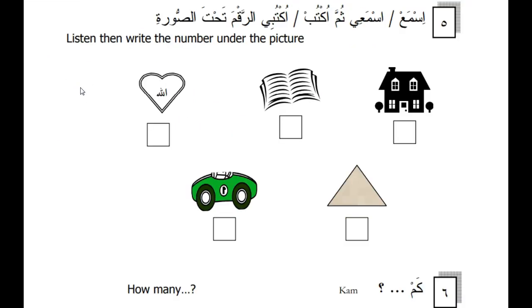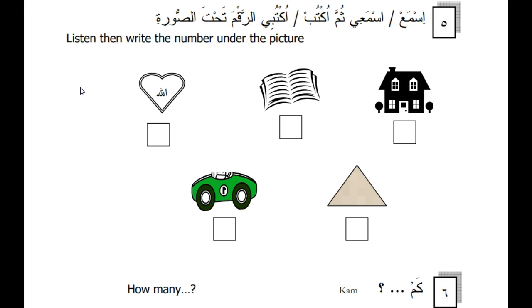In this exercise, it asks us to listen, then write the number under the picture. So, okay, basically, these are words that we have worked out in unit number 1, in the examples. So I will say the words, and then you write under each word the number.